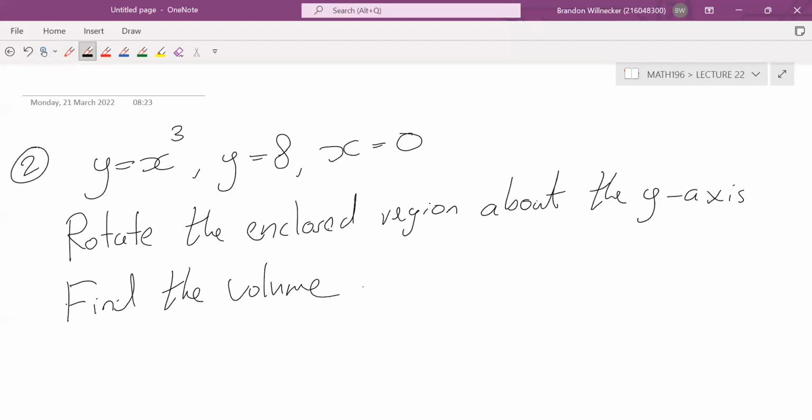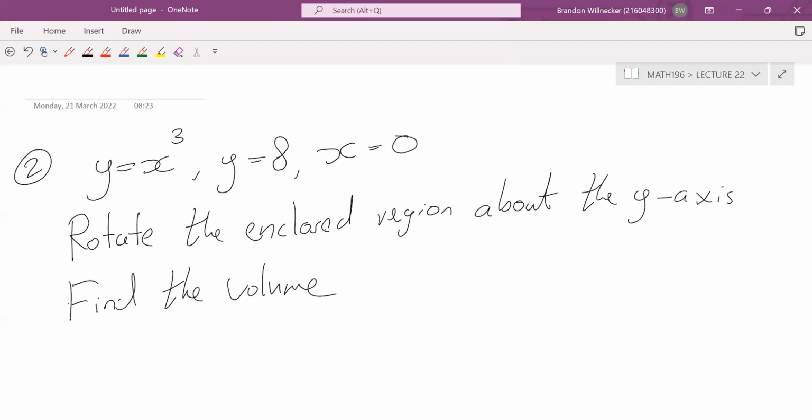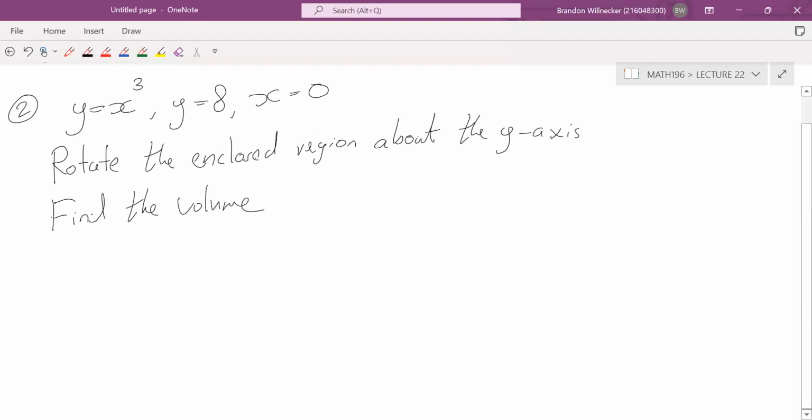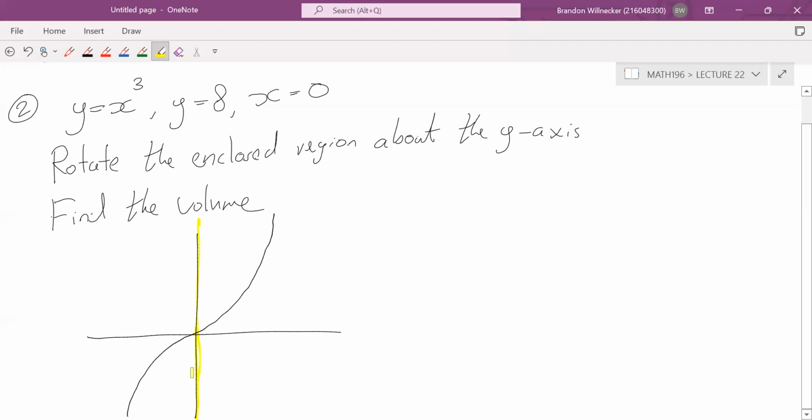Okay, so let's go ahead and do that. So first we need to sketch everything, and then that gives us the region. Okay, so y equals x cubed, that's going to look something like this. x is equal to 0, but that's just this y-axis.